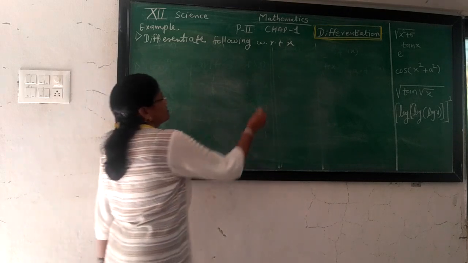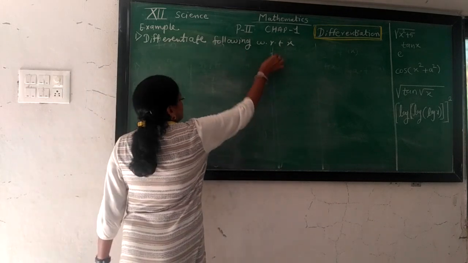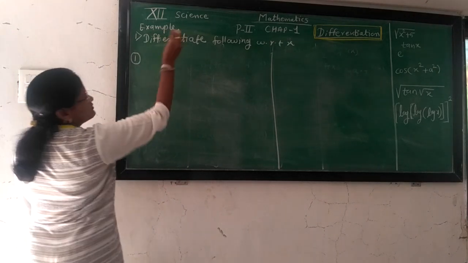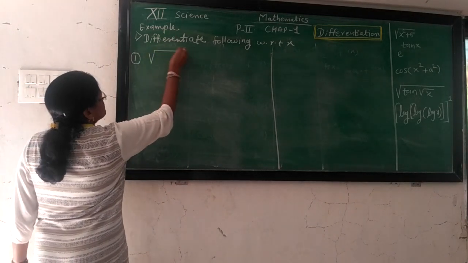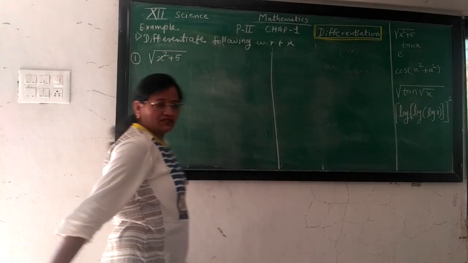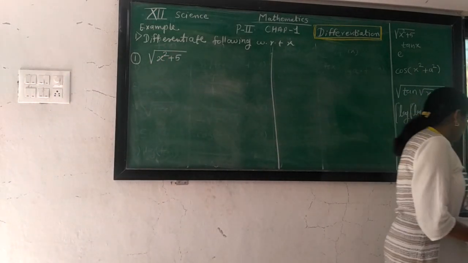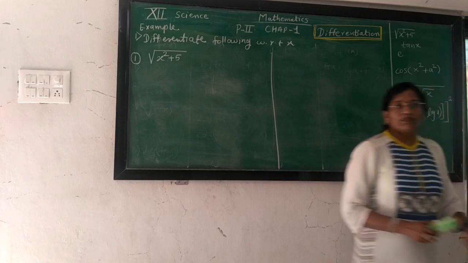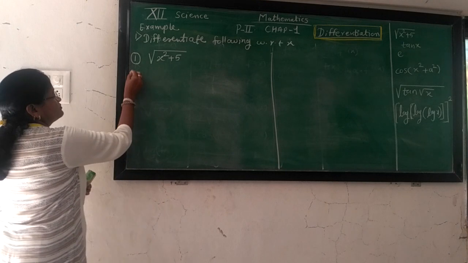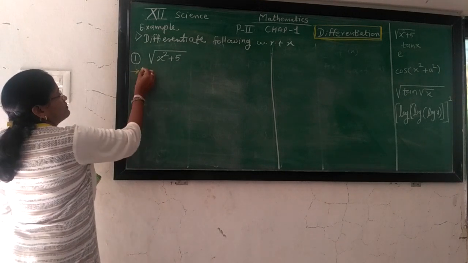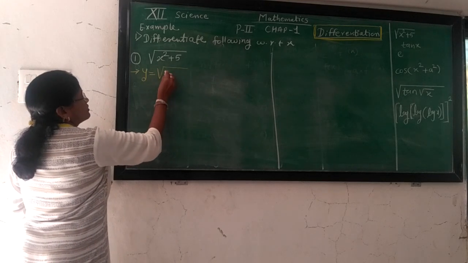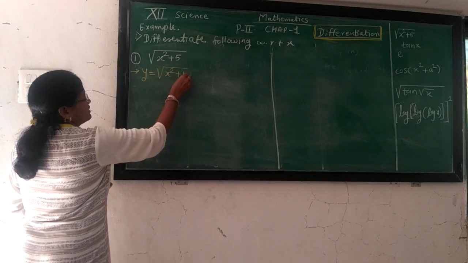Suppose the first function given is under root of x square plus 5. We take this given function for the first method and call the function y. So y is equal to under root of x square plus 5.